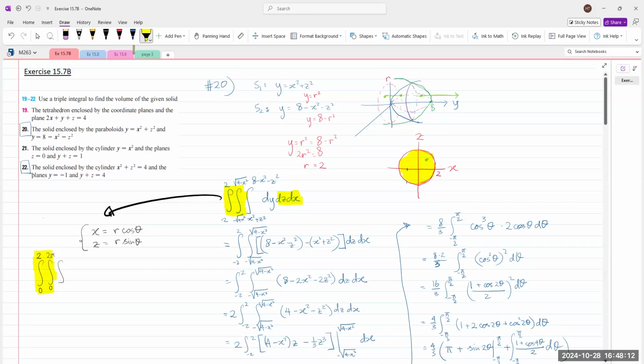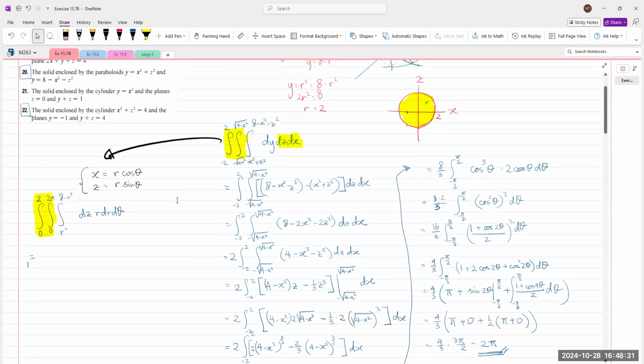Then the inner integral becomes from r squared to 8 minus r squared d y times r dr d theta. That will be, it's in r dr d theta. No, actually r d theta dr.